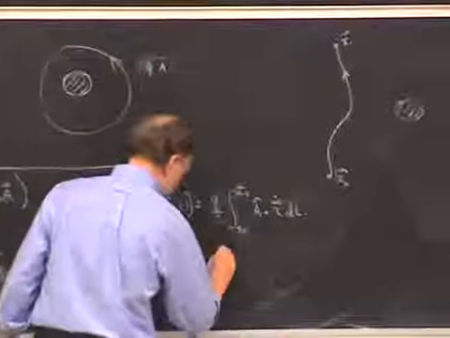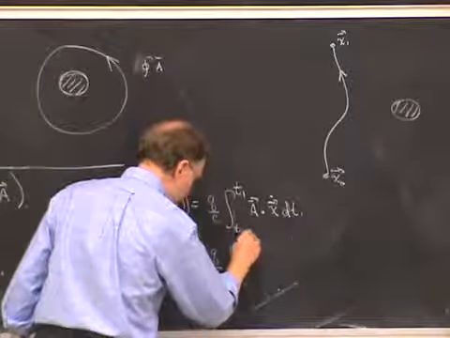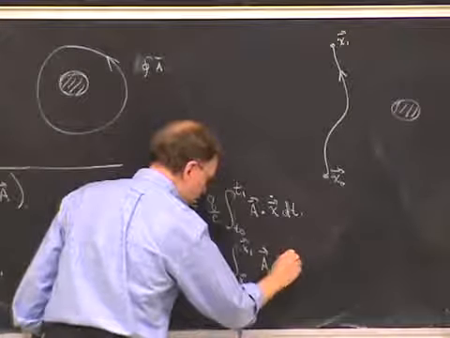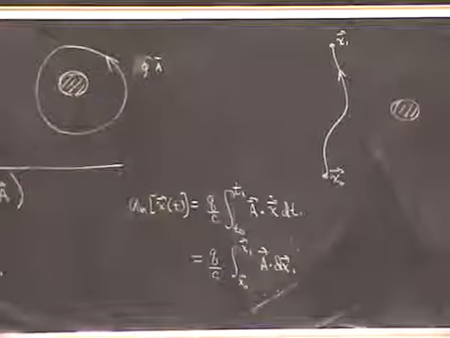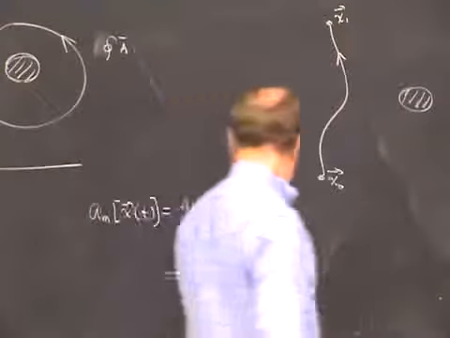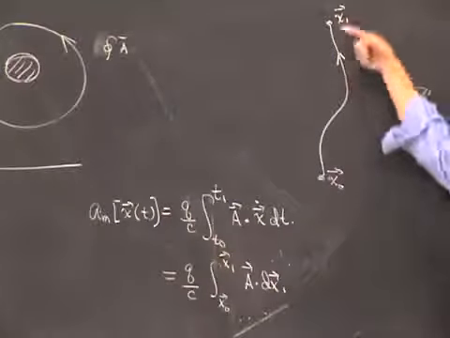Well, this turns into a line integral. It's q over c, the integral from x0 to x1, of simply A dot dx. And so you see the time parameterization drops out. And the magnetic contribution of the action does not depend on how fast the particle traverses this path.